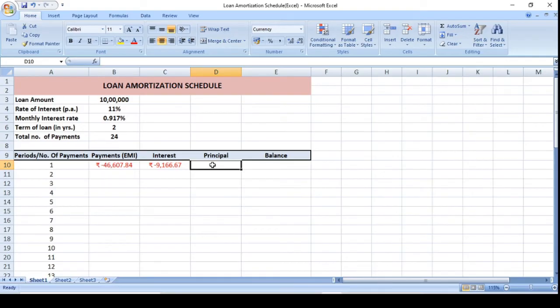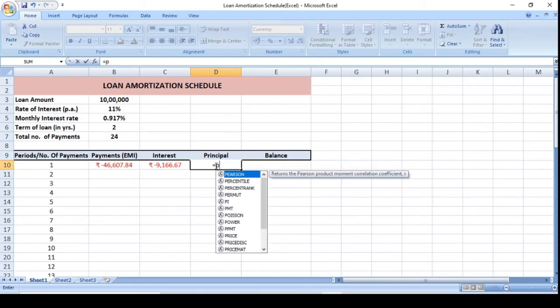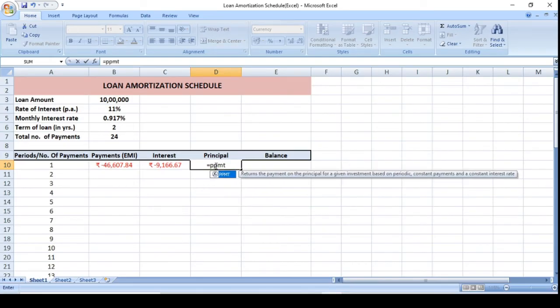So if we want to calculate the principal amount, then we can calculate it as EMI minus the interest. But I am calculating this using a different function, which is an inbuilt function in Excel, PPMT.